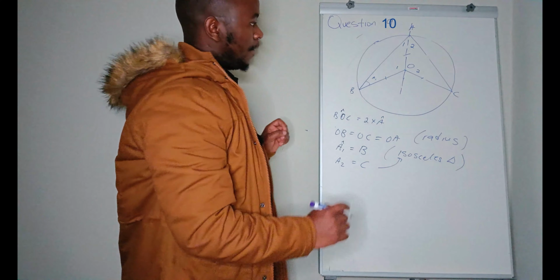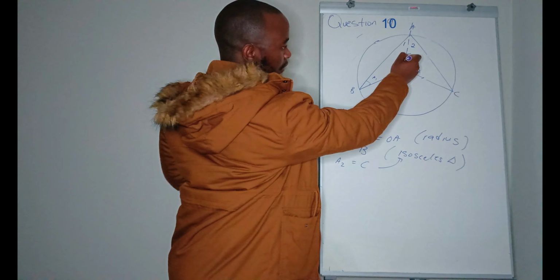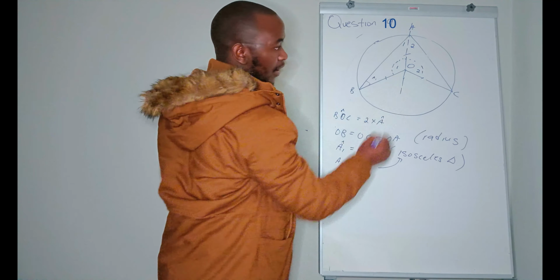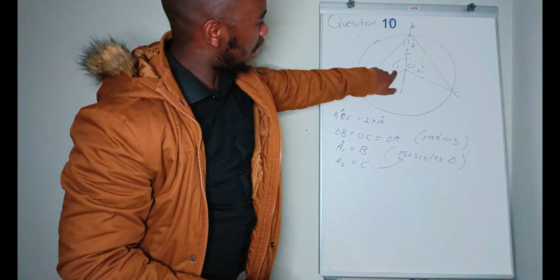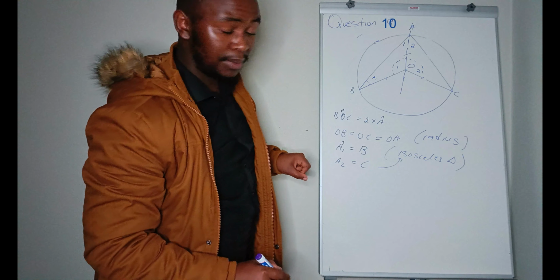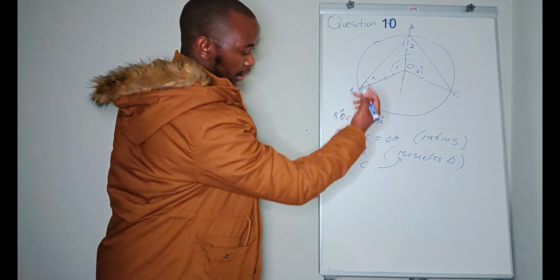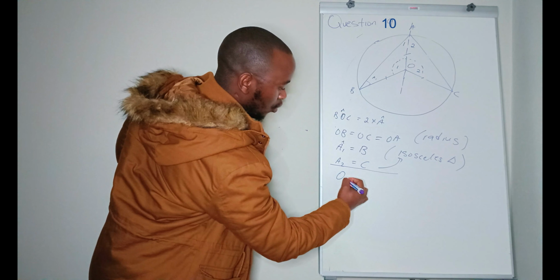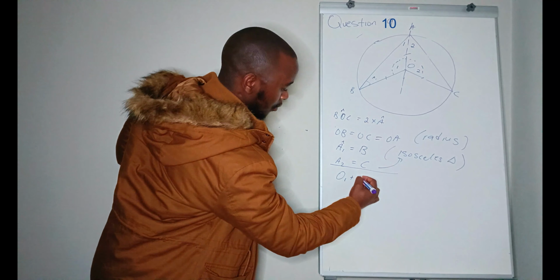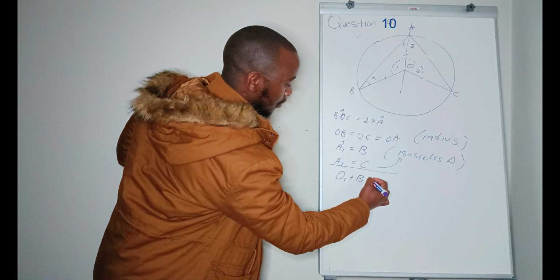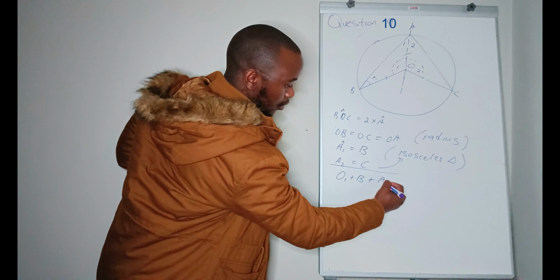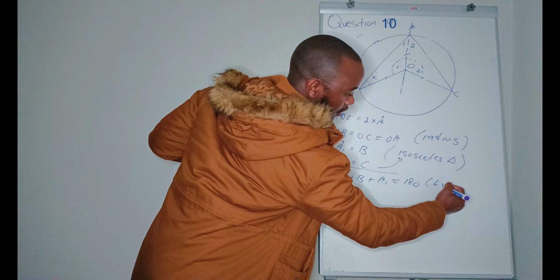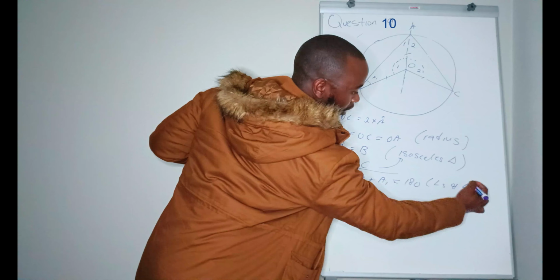Okay, which means now we can find O1 and we can also find O2. So O1 plus A1 plus B should give us 180. So O1 plus B plus A1 should all sum up to 180, and those are angles of a triangle.